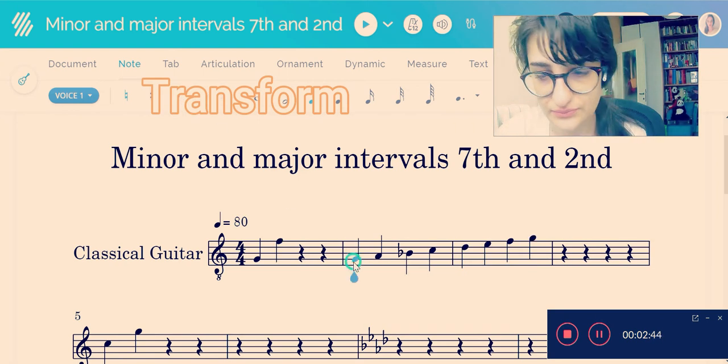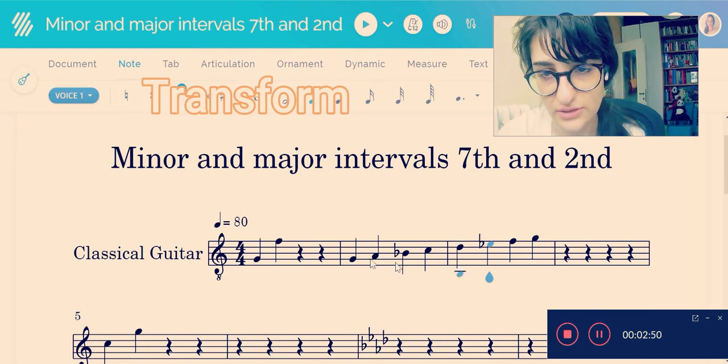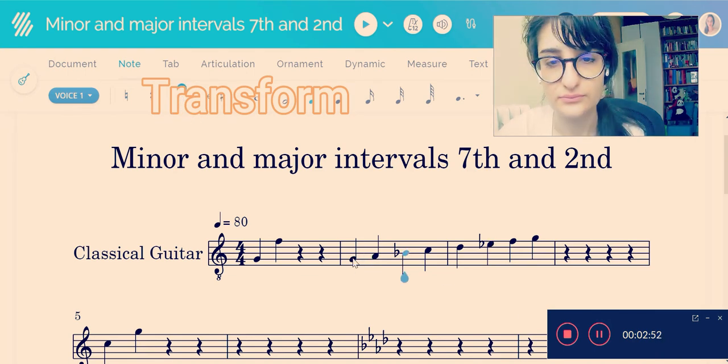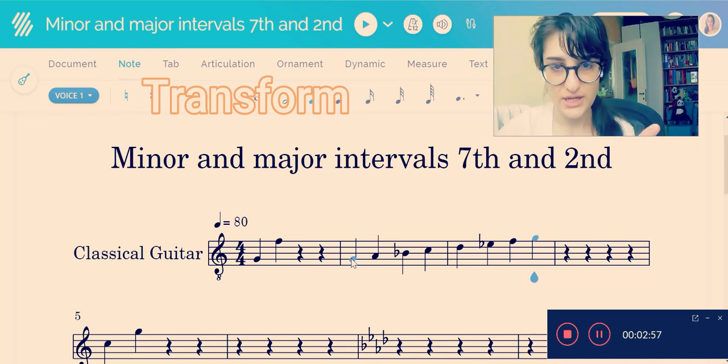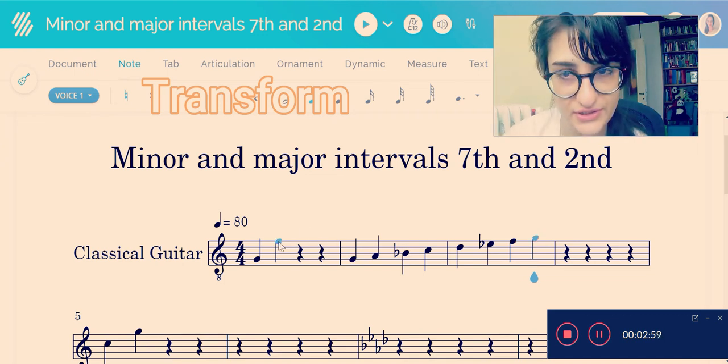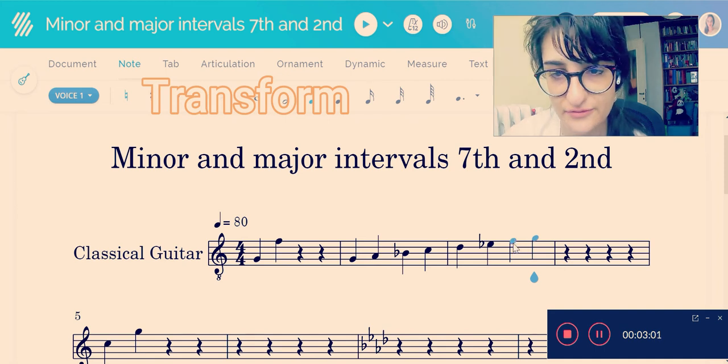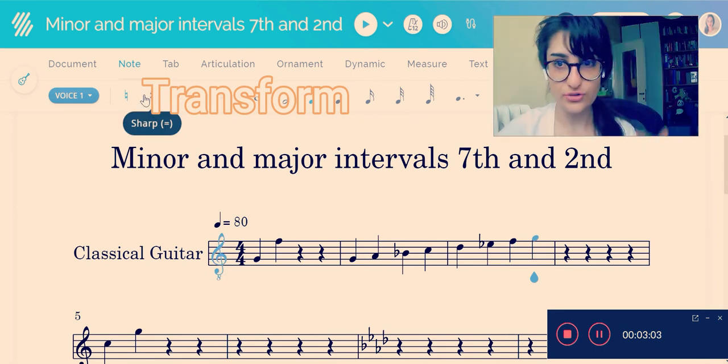So now it's the G minor. This is a minor seventh because the F is natural. Now let's transform it into major.